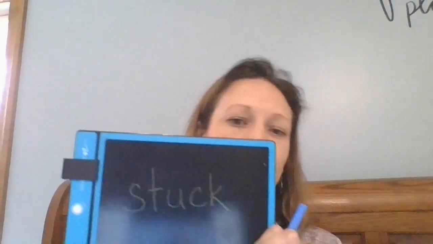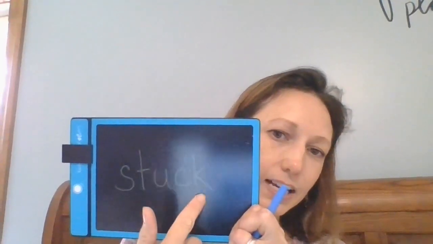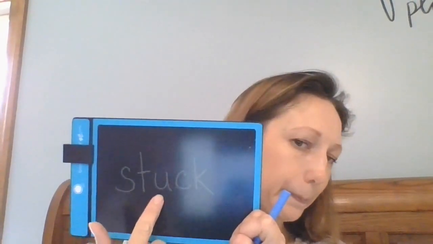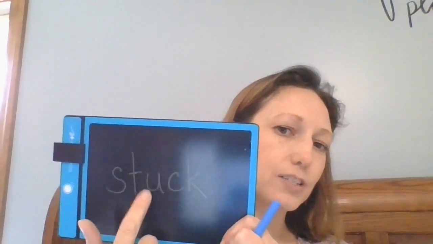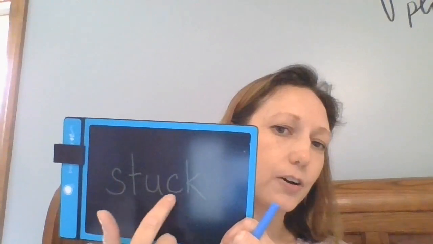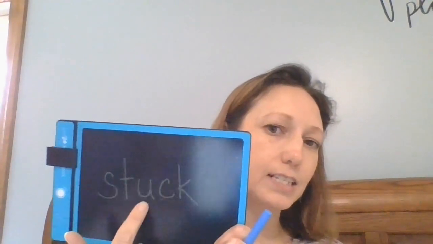Let's sound out stuck. Stuck. Do you spell stuck? S-T-U-C-K, because our U made what sound? And it's short, so we use the long spelling right after a short vowel, stuck.